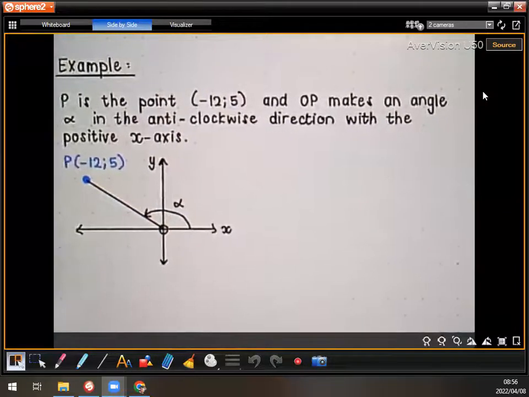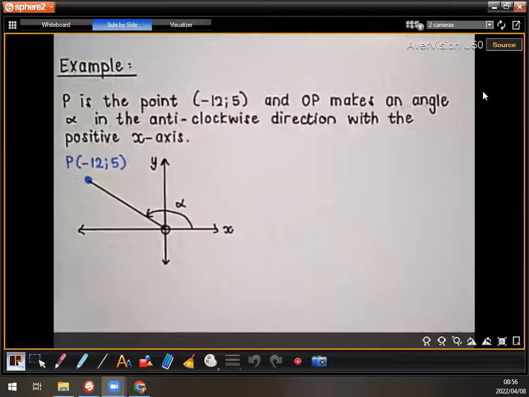Okay, so that is the diagram. If they give you this diagram, that's also what it would look like. We can also draw it ourselves.